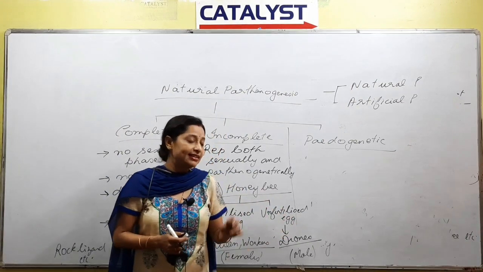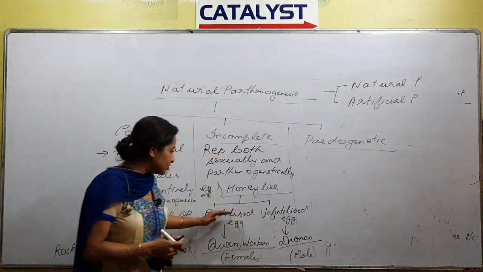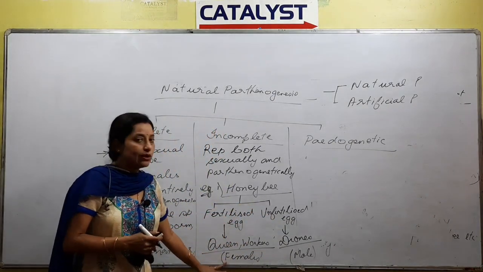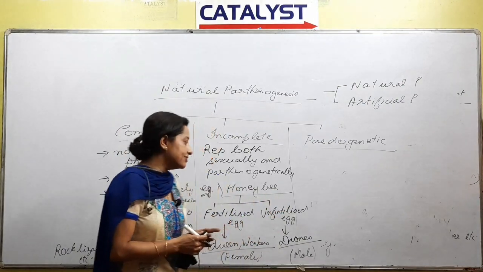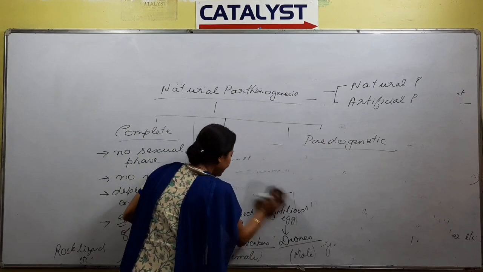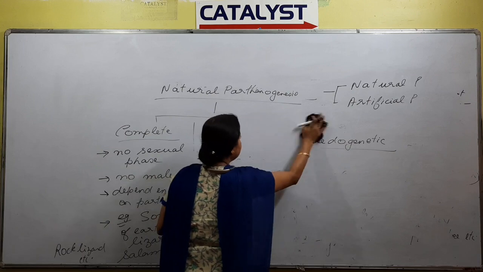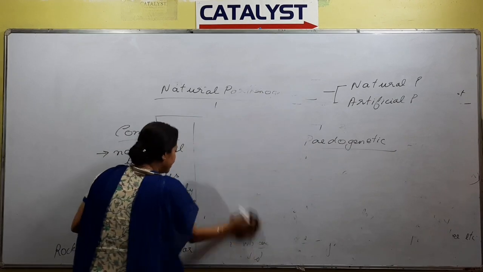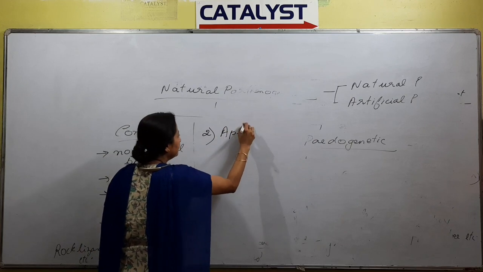Jodi parthenogenetically produce kore, then they will be producing only the drones, or jodi sexually reproduce kore, they will be producing only the females in the form of queen and workers. So that is the first example of incomplete. Incomplete parthenogenesis or first example ami ki porilo honeybee. Next aru eta example poribo laibo about aphid.